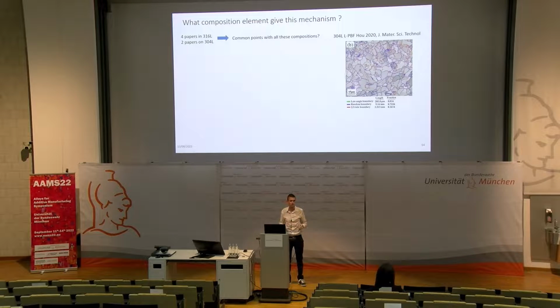And so we suppose that the origin of their twin boundaries is the same as the origin of the twin boundaries we studied. We found 4 papers in 316L, and 2 papers in 304L, where the ISRO seems to modify the microstructure.